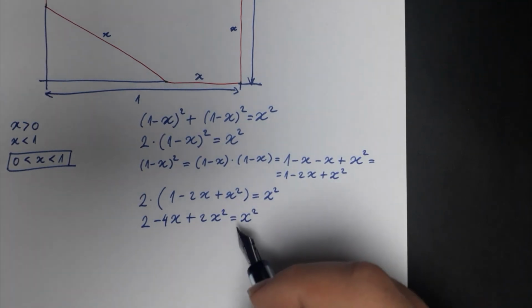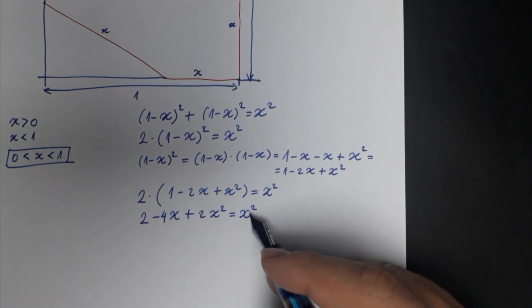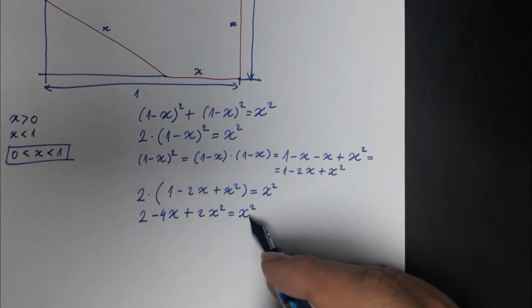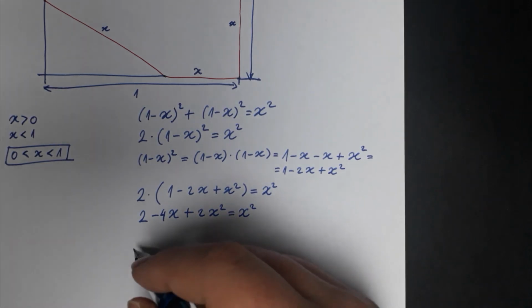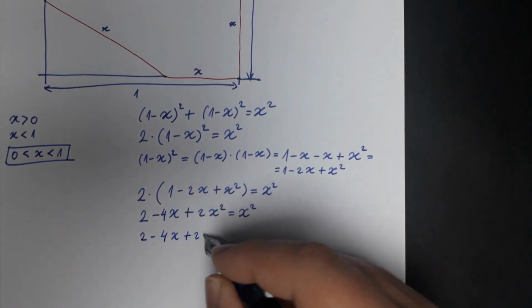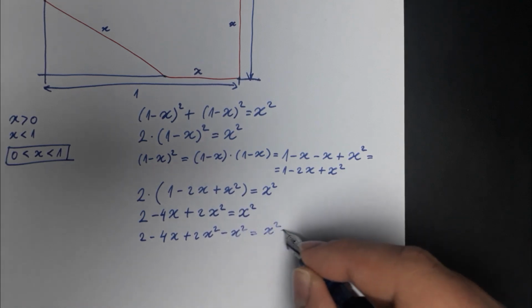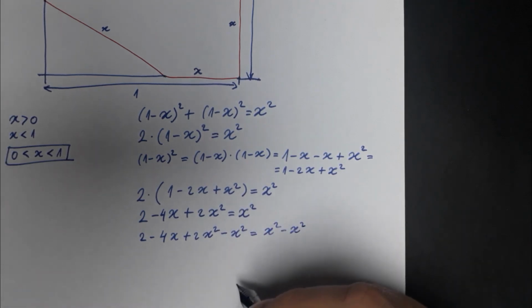And what we can now do is get rid of this x squared on the right side of the equation. We are going to do that by subtracting x squared from both sides of this equation. So we have 2 minus 4x plus 2x squared minus x squared to be equal to x squared minus x squared.